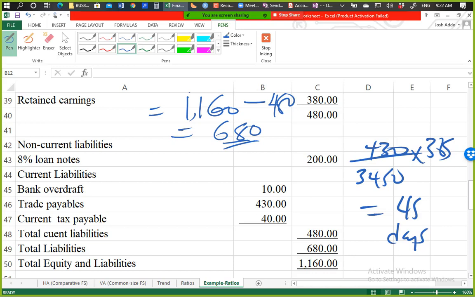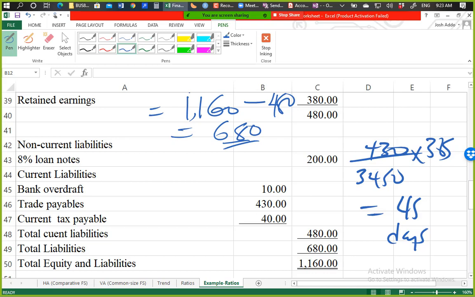Okay, so what other thing do we have to calculate? Okay, so that's about the efficiency ratios, right? Yes, I said the cash collection cycle or the working capital cycle.